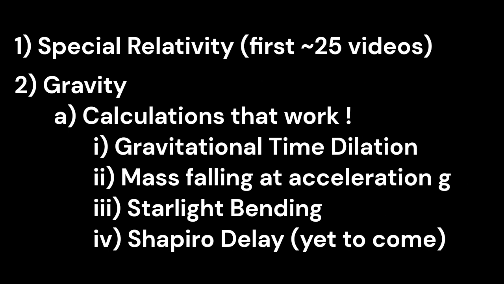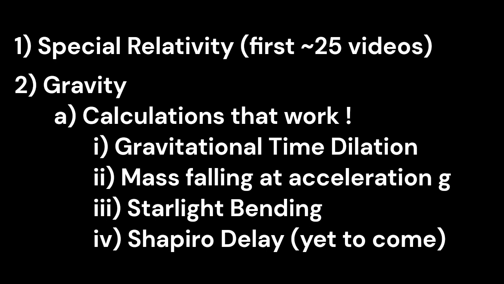The first about 25 videos are on special relativity, which presented a constructive model. So it's a description and explanation of how relativity works in a straight line, constant speed motion, including a description of the physical phenomena going on, which is generally missing in the normal relativity presentations. Then we got into gravity, and there's a series of calculations that work.